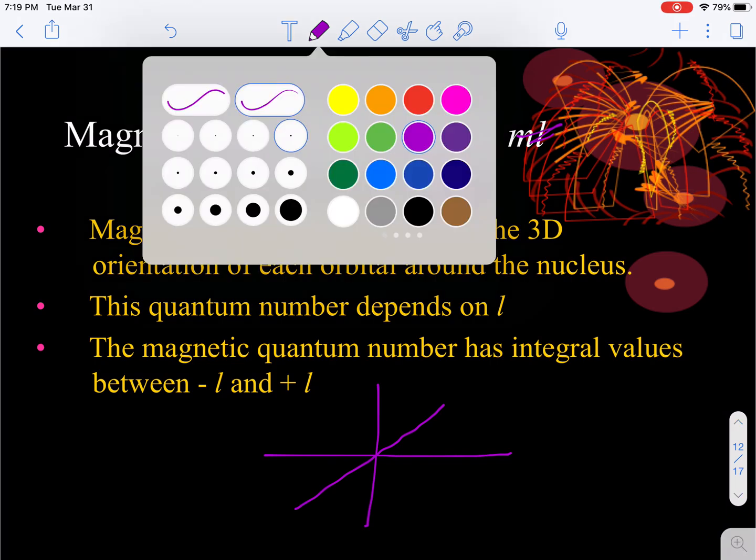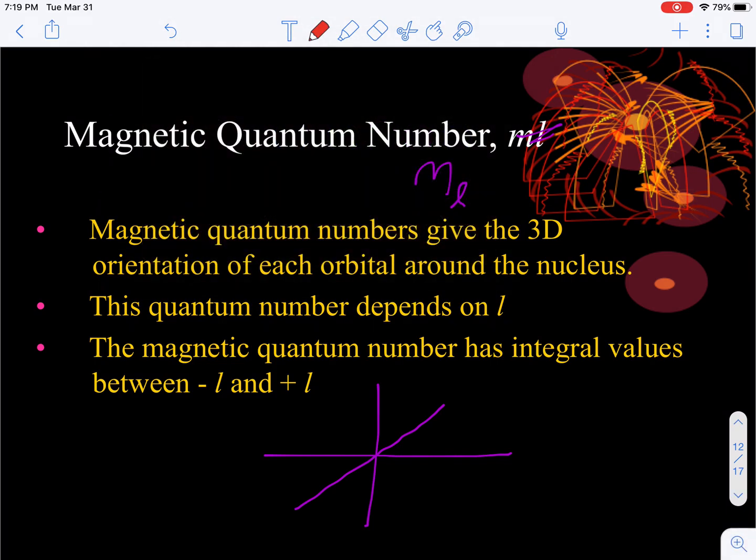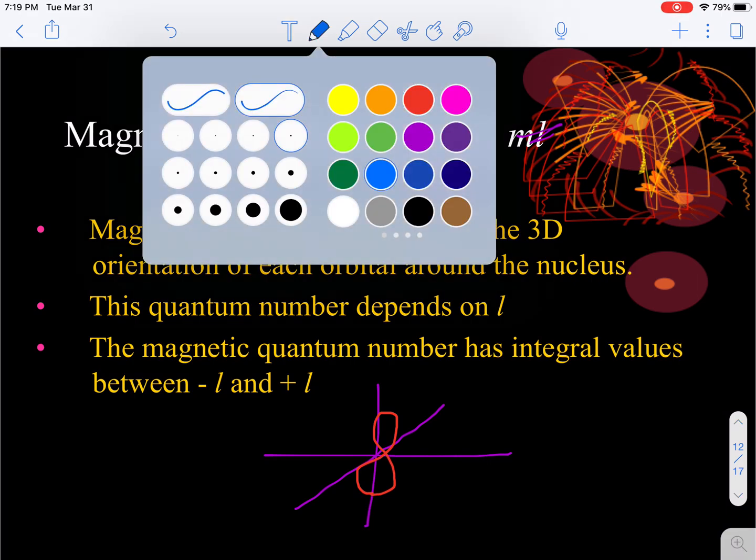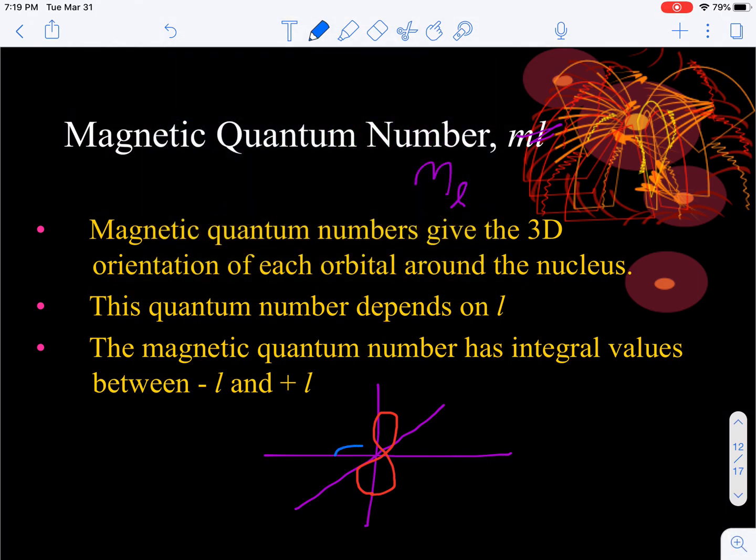we could draw ourselves a p orbital, happens to be shaped like a peanut. We could draw ourselves a p orbital on the y-axis. We could draw ourselves a p orbital on the x-axis. We could draw ourselves a p orbital on the z-axis, like so. And so those are 3 different orientations of the same shape, right?